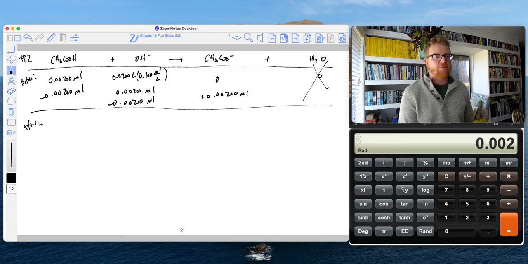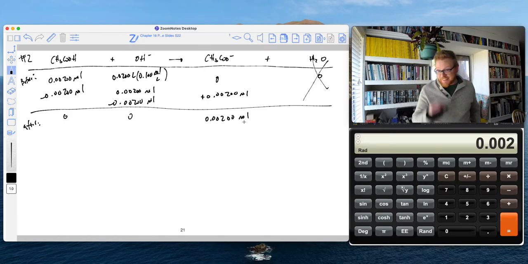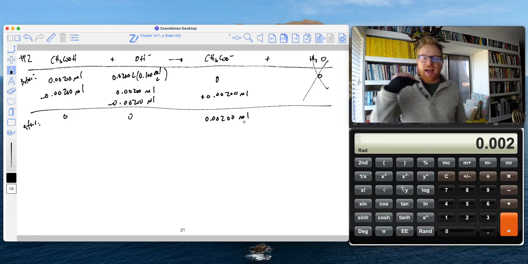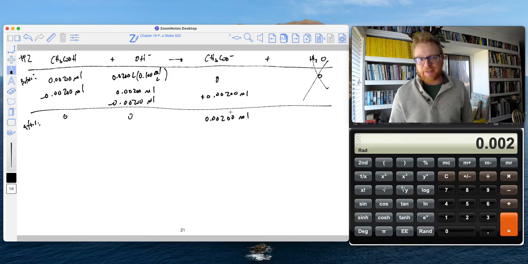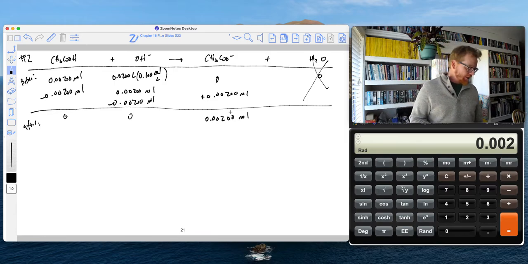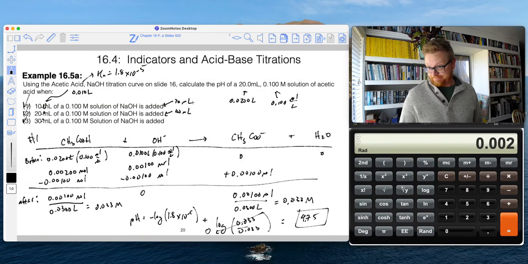So now after, I've got 0 of this, I've got 0 of this, and I've got 0.002 moles of the acetate. And so now what I need to do is convert that into molarity, and then I need to start a new calculation. So we remembered that our new volume was 40 milliliters, right?